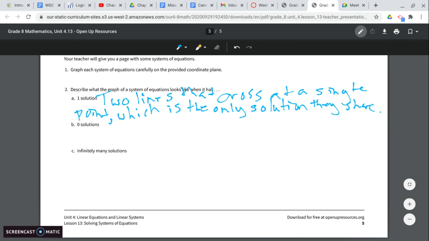So all the ones that we just did, those are all one solution systems. Now, it is possible to have zero solutions and infinitely many solutions.